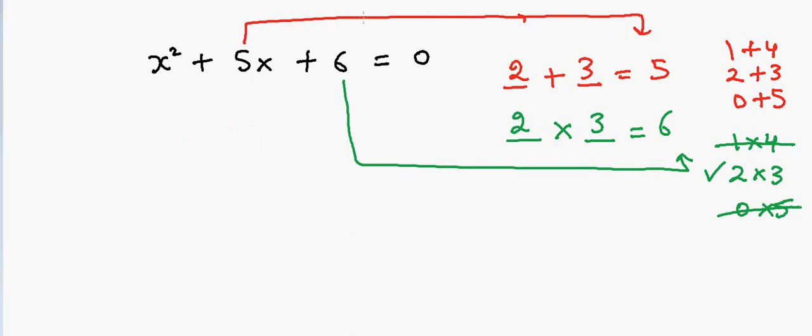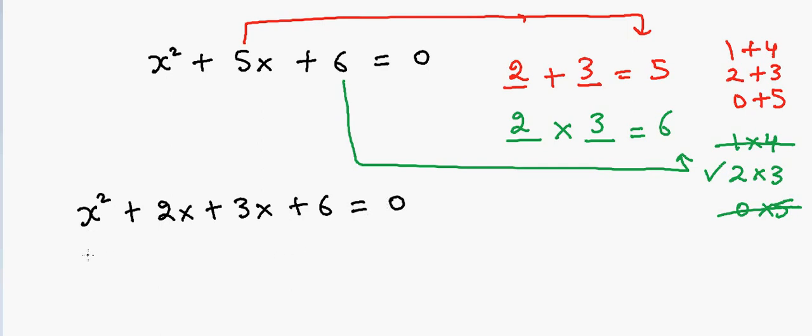So now if I go ahead with my equation, I can write this equation as x square plus 2x plus 3x plus 6 is equal to 0.